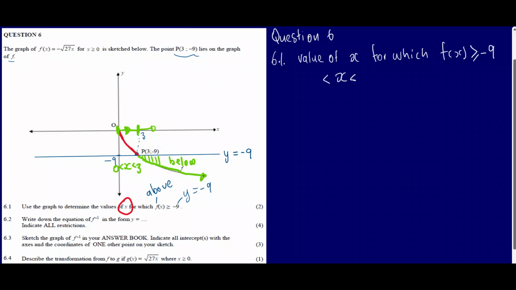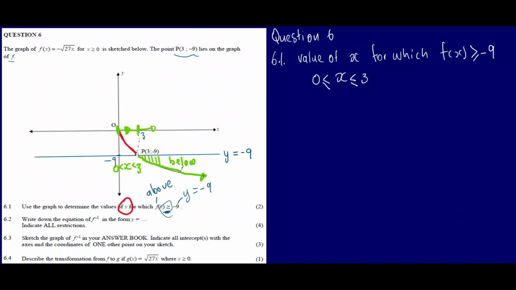We would say that x is bounded between 0 and the other value, which is 3. We would include the critical value 3 because the graph exists at that point and they're including it. Do you see that here they're including the value? And then we would also include 0.